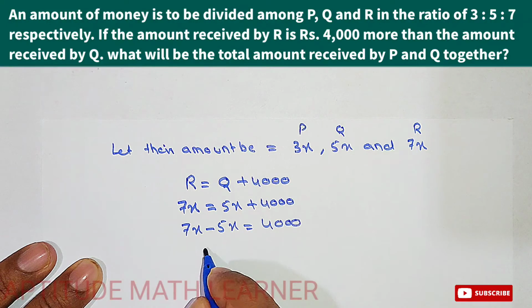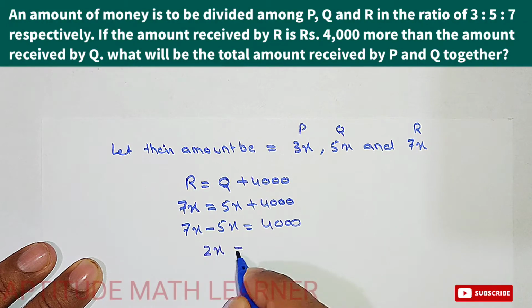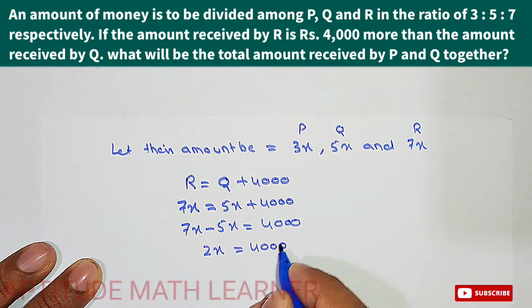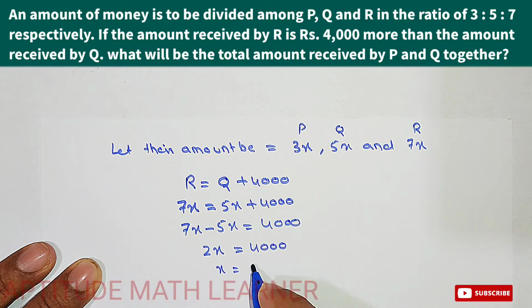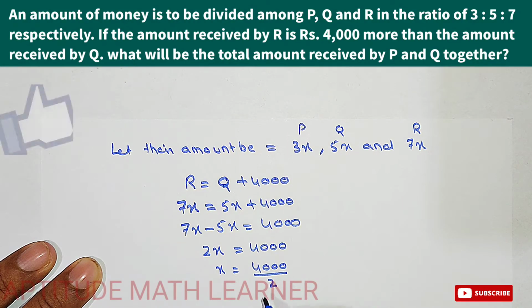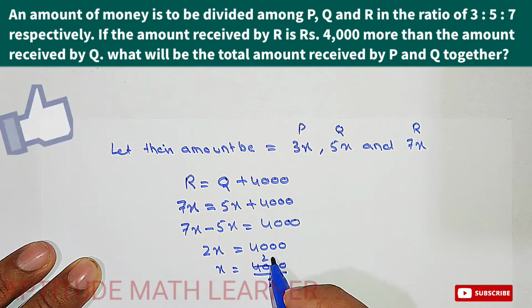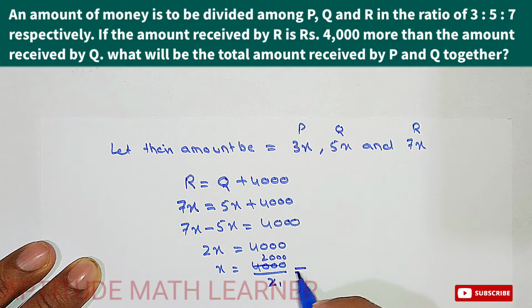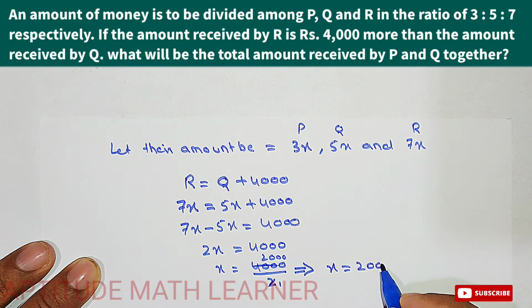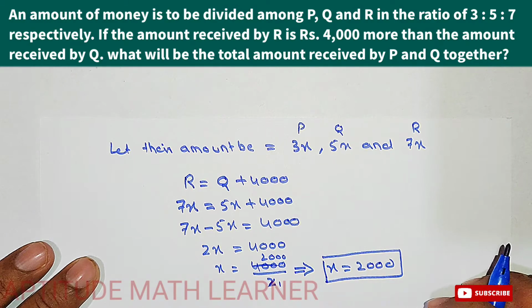So here we get 2x is equal to 4,000, and x is equal to 4,000 divided by 2, which is 2,000. So this is the value of x we have just found out.